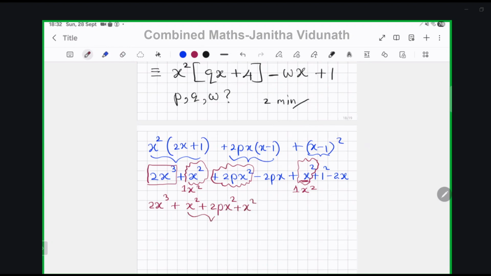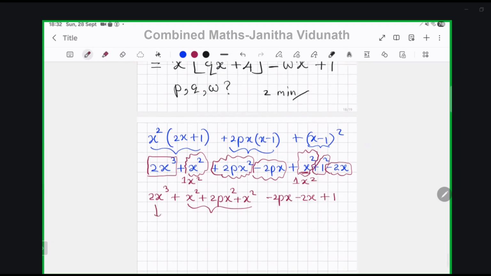Those are all the x square terms. Then we have terms with x. Here we have minus 2px. Here we have minus 2x. Okay. Then here we have a constant term 1 square. That means plus 1.